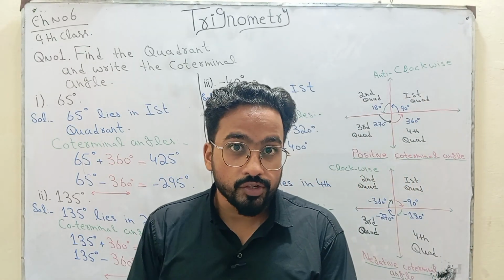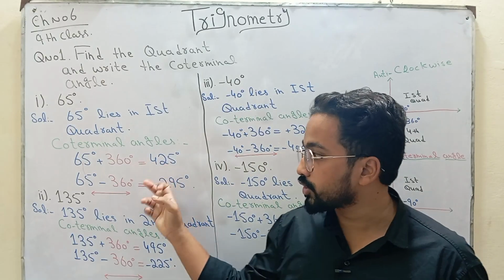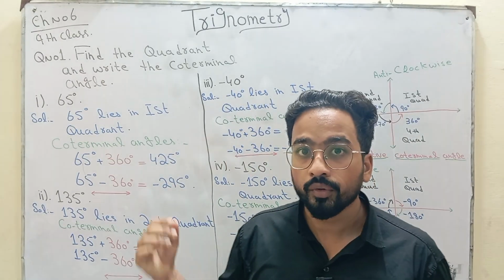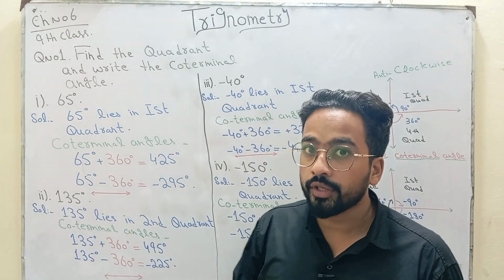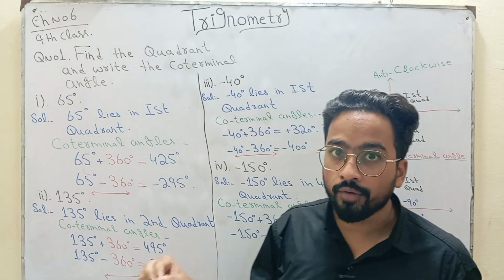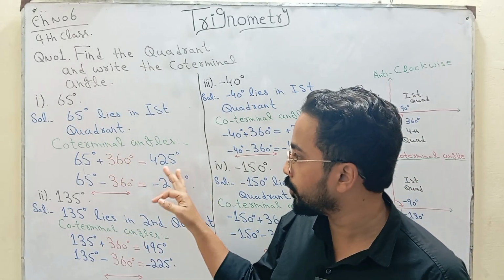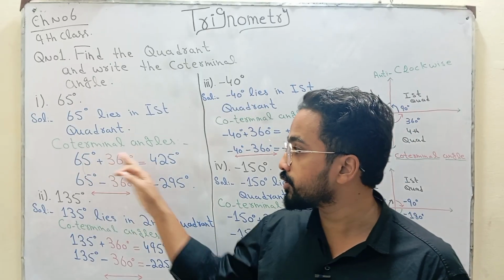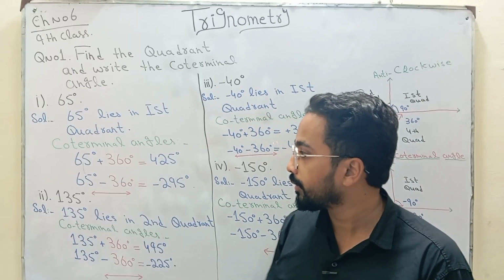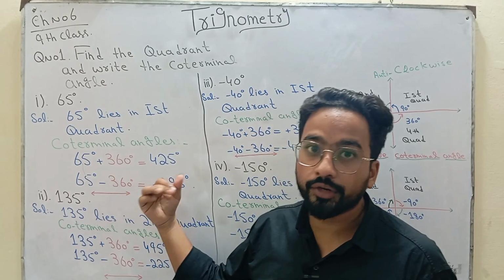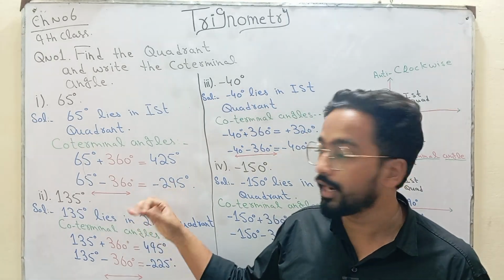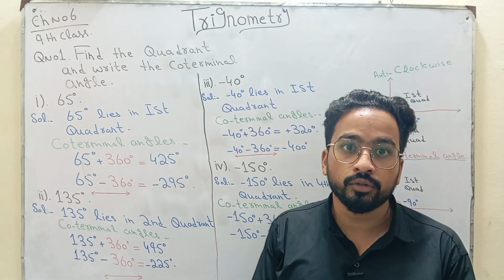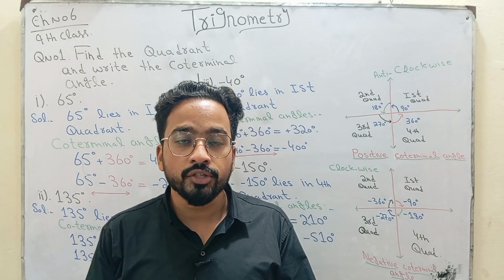There is also a question of why we use both positive and negative coterminal angles. Our given angle is positive, so we could solve only the positive coterminal angle. But we also find the negative coterminal angle because students sometimes make mistakes.